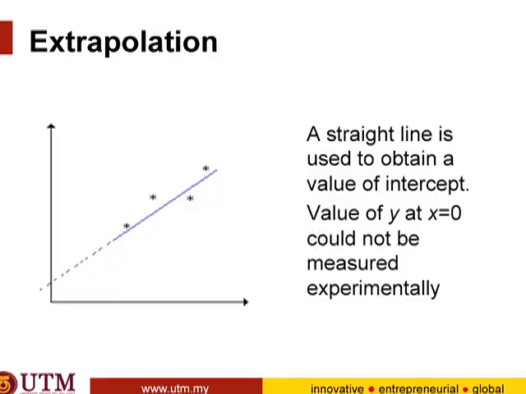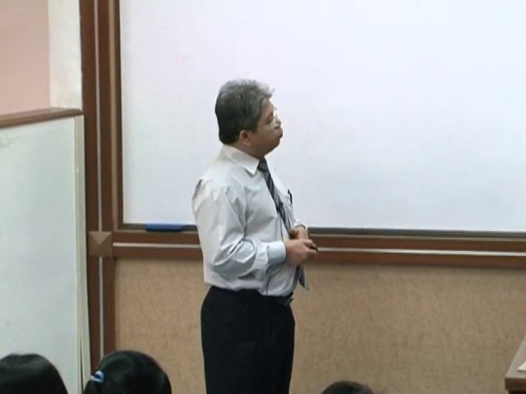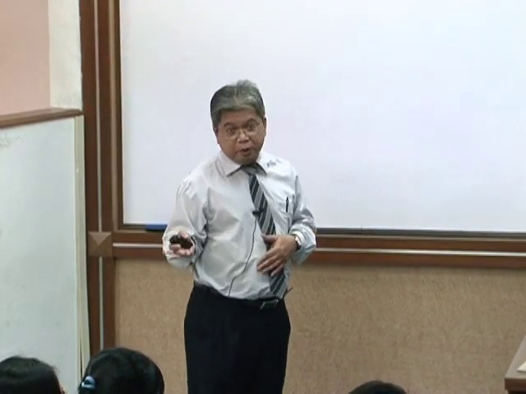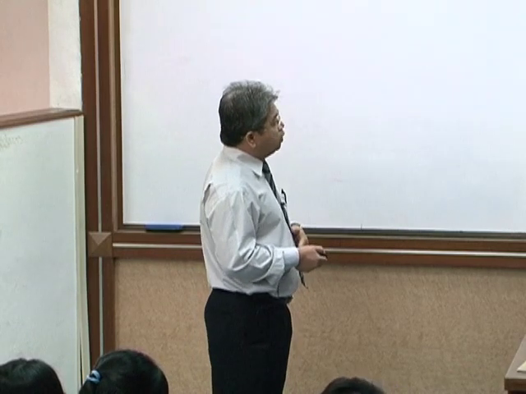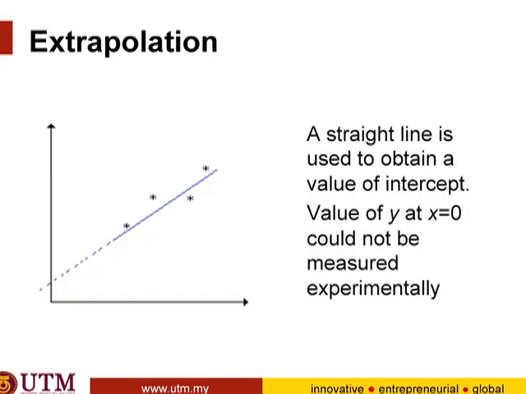We can also use the straight line relationship between two variables for extrapolation purposes. In this particular case, we measure the parameters at a certain condition, let's say around room temperature, and then plot a straight line using the values that we obtain at that temperature, and then we extrapolate to temperature 0, for example. In this case, we can't make the experiment at very low temperature.